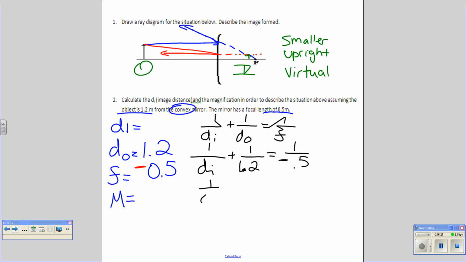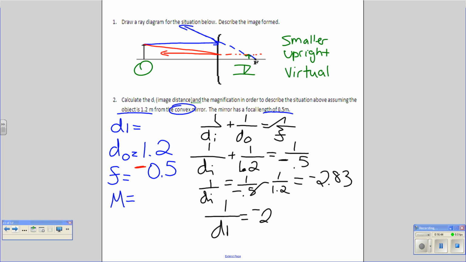So 1 over DI, you have to subtract 1 over 1.2 from both sides, equals 1 over negative 0.5 minus 1 over 1.2, which is going to equal negative 2.83. Okay, but that is 1 over DI equals negative 2.83. So we need to flip it or cross multiply, however you want to think about it.